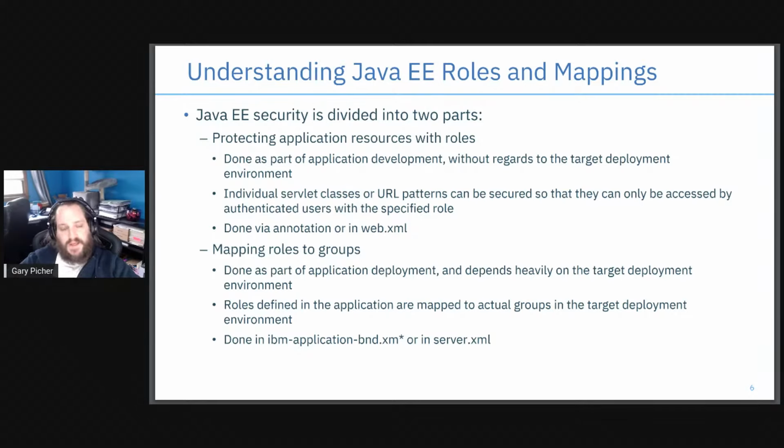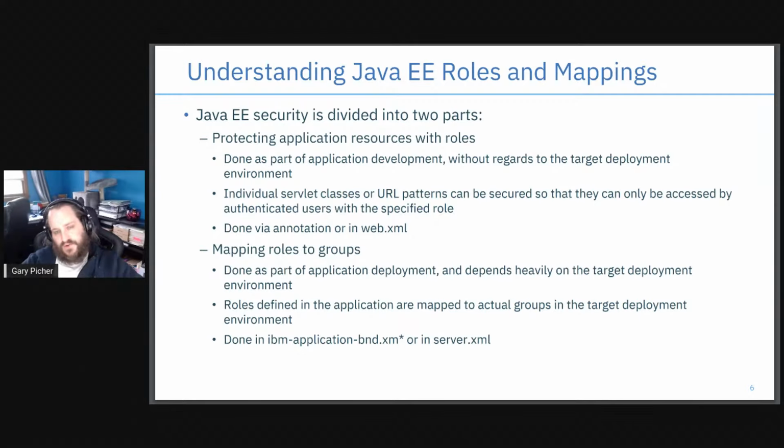And in those bindings, they take the list of roles defined by the application and they say, oh, okay, these URLs are meant to be accessed by users. So on this deployment environment, that means a certain group ABCD. And this set of URLs is supposed to be accessed by administrators. Okay, in this deployment environment, all the administrators are in the Liberty admin group, for example.